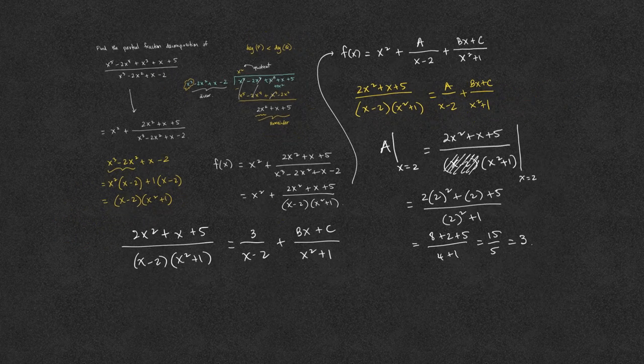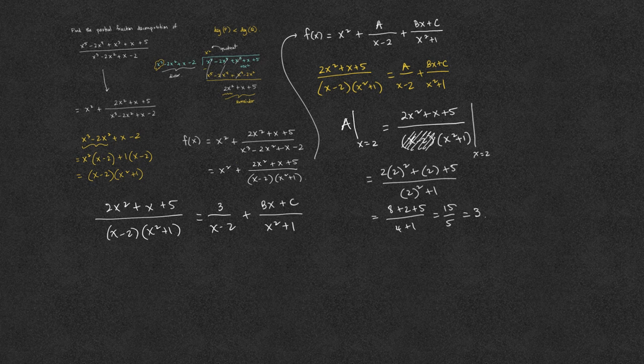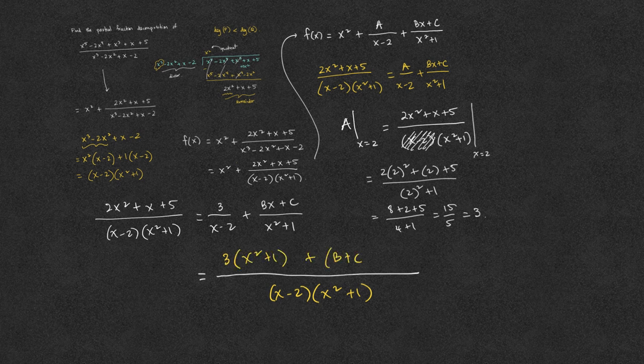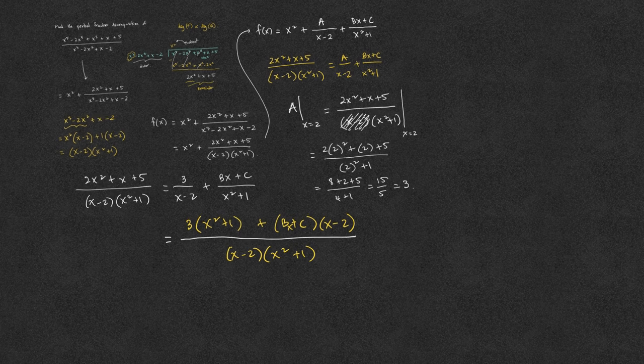We still need to find b and c, and to do that, we need to combine the two fractions on the right hand side with the least common denominator, x minus 2 times x squared plus 1. We need to multiply 3 with x squared plus 1 and bx plus c with x minus 2. We then distribute or simplify the numerator further.